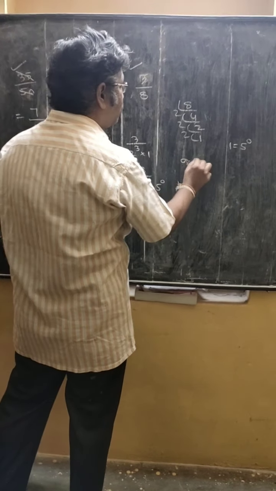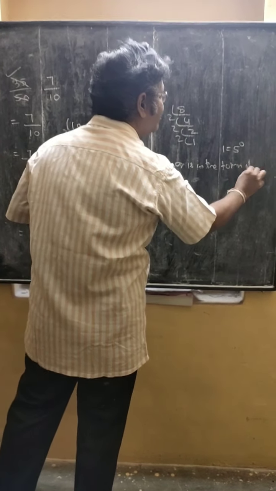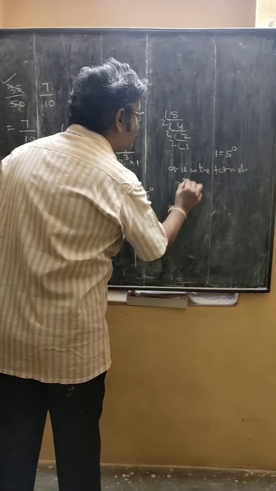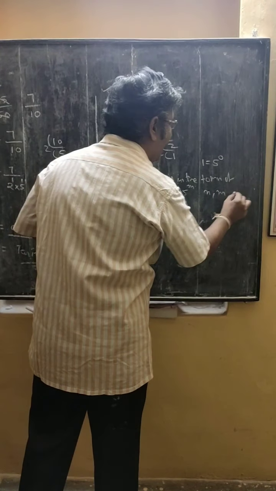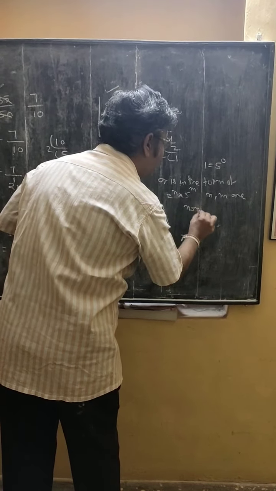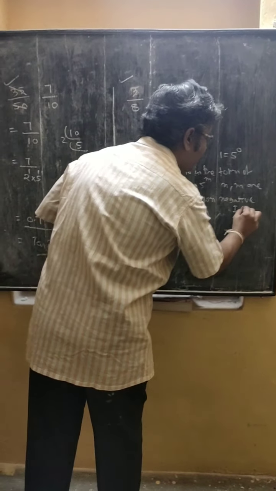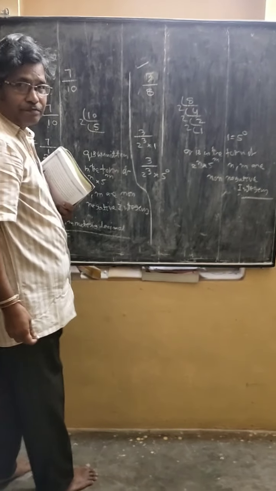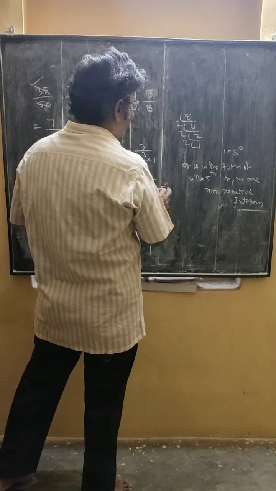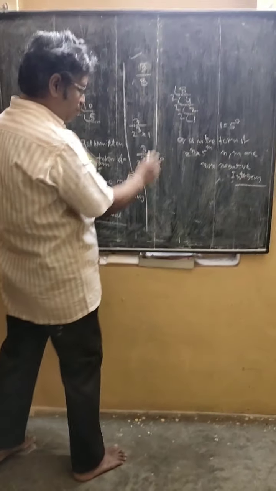So here also q is in the form of 2 power n into 5 power m, where n, m are non-negative integers. A non-negative integer may be 0. 0 is an integer, but it is neither positive nor negative. Okay, 1 is written as 5 power 0.